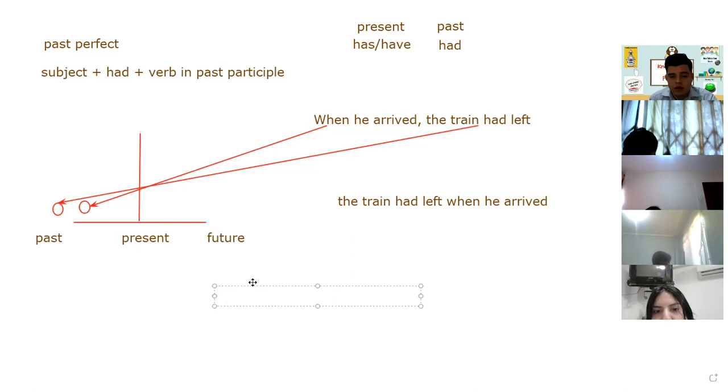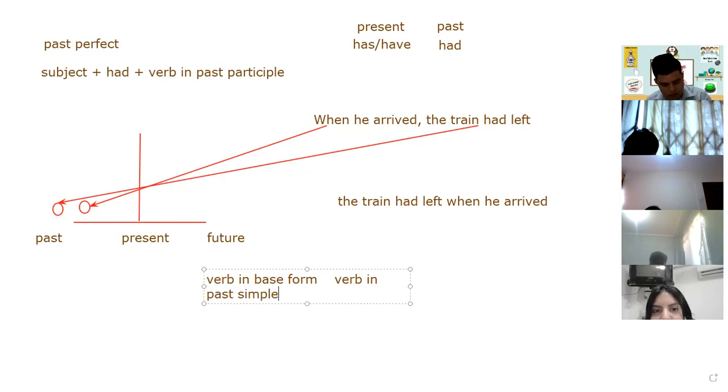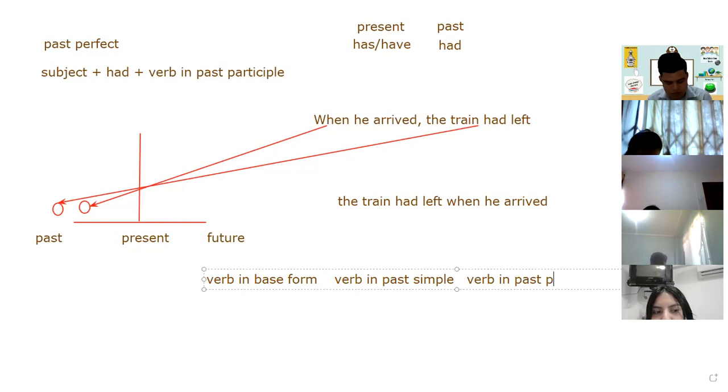For example, we have the verb in base form. Then we have the verb in past simple. And then we have the verb in past participle.